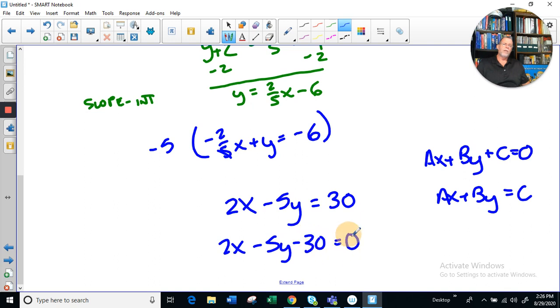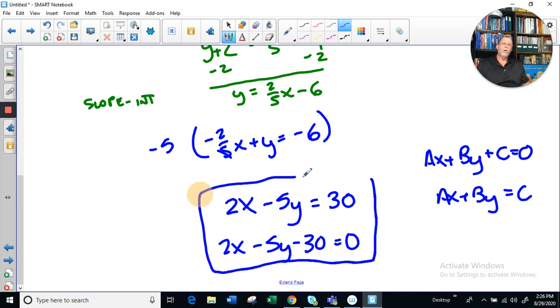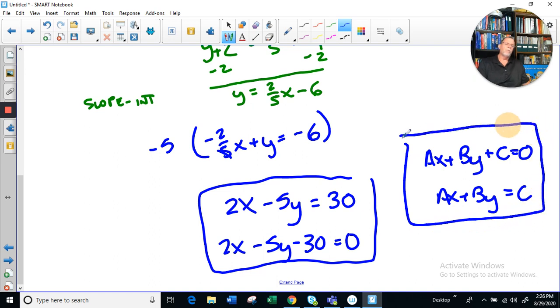The reason I say that is I want you to be familiar with both of these, because you're going to see different textbooks will kind of flop back and forth between those two when they ask for standard form. So just be aware, these are both acceptable standard forms. It's up to you which one you want to choose. We will accept either one of those. So either one of those down here would be our solution.